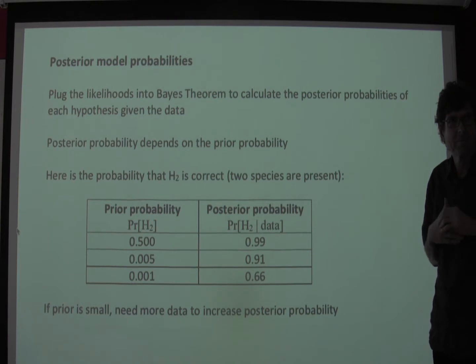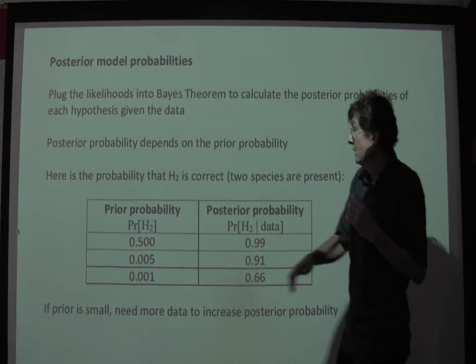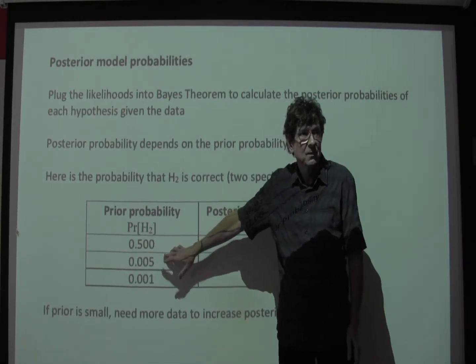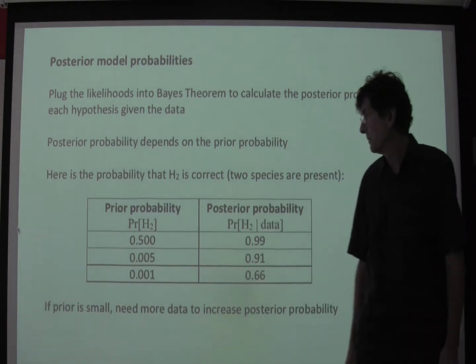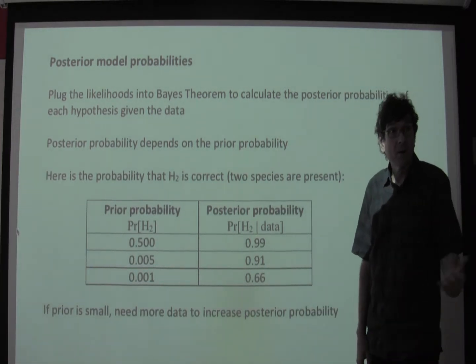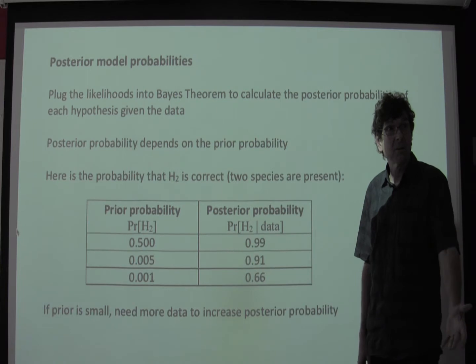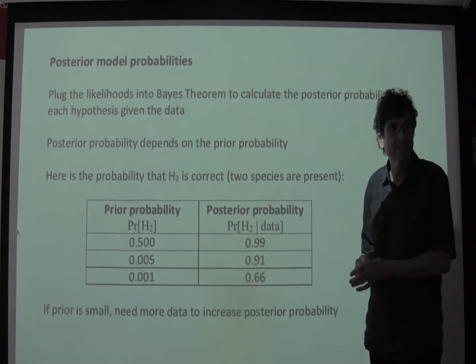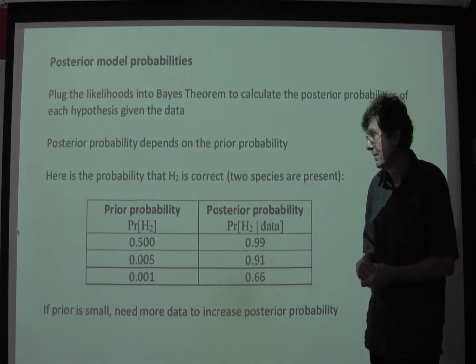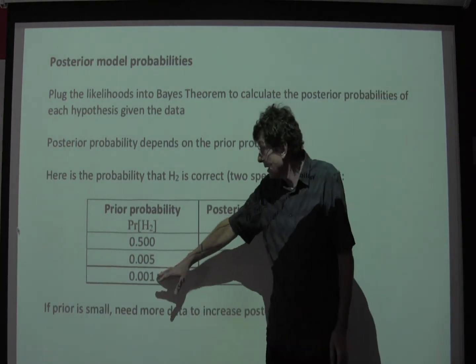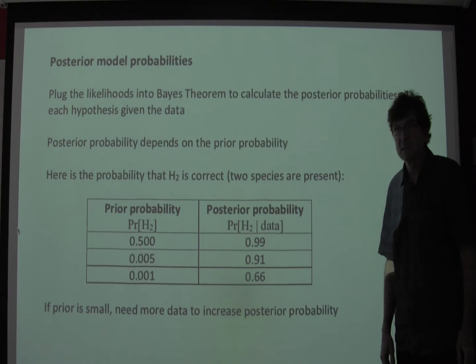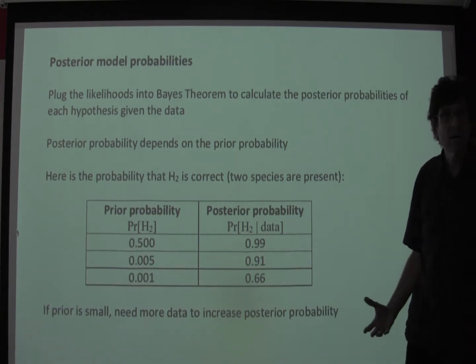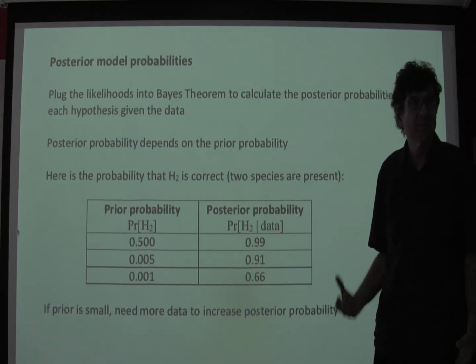What's the prior? Well, maybe 0.5 is reasonable. I don't know if there's 1 species in this lake. I don't know if there's 2 species. So that means a completely uninformed prior, 0.5. But we can also perhaps justify smaller numbers, like most lakes we already know have just 1 species.